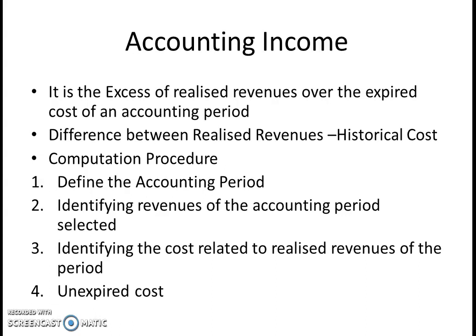Next, identify the cost related to the realized revenues. You will deduct the expenses related to that particular year, be that trading expenses, office expenses, or selling and distribution expenses. These are called costs related to realized revenues of that particular period.